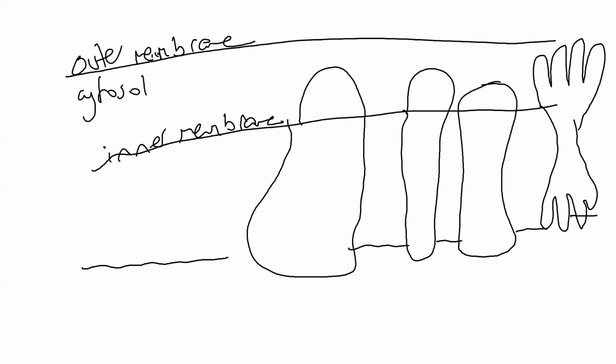So what happens here? Here we have complex 1. Here we have complex 2. Here we have complex 3. Here we have complex 4. Here we have the basal unit, which is the stalk.